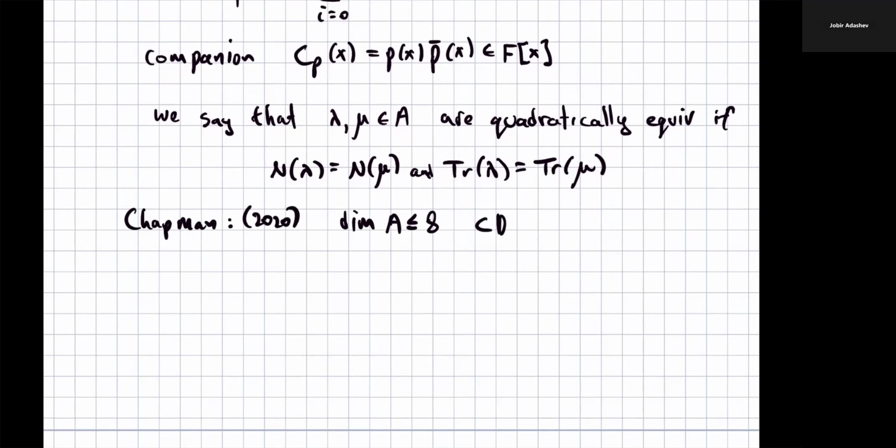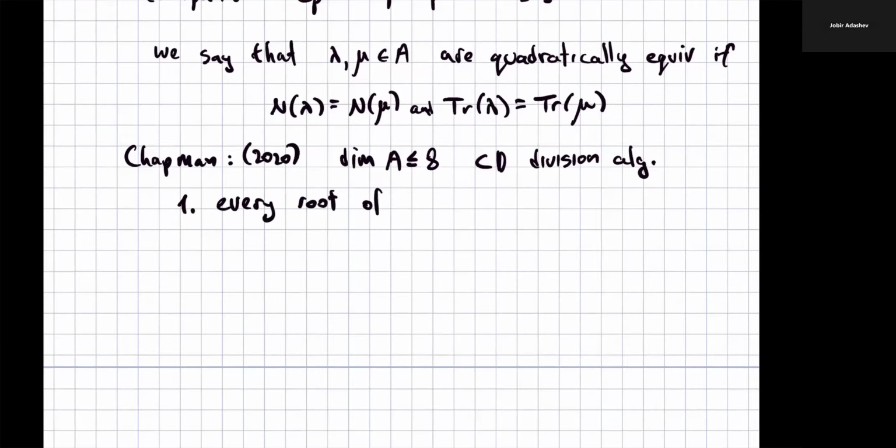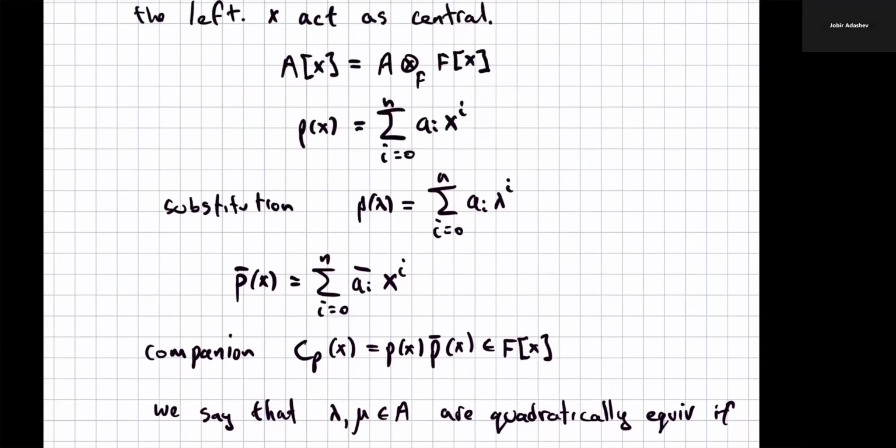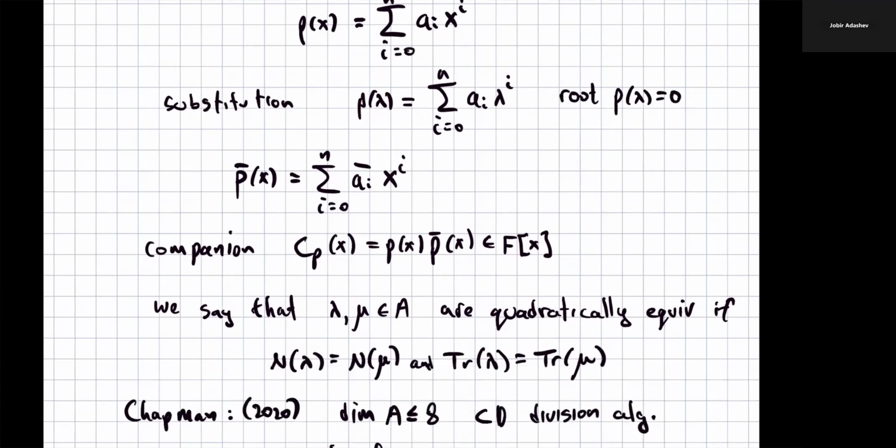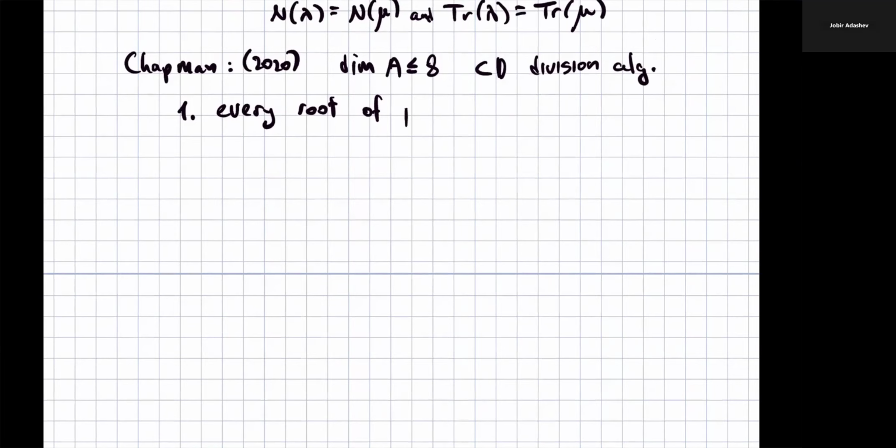I didn't define what a root was, but a root is exactly when we substitute lambda in P and then we get 0. So a root is when P of lambda equals 0. Every root of P(x) is a root of the companion polynomial.